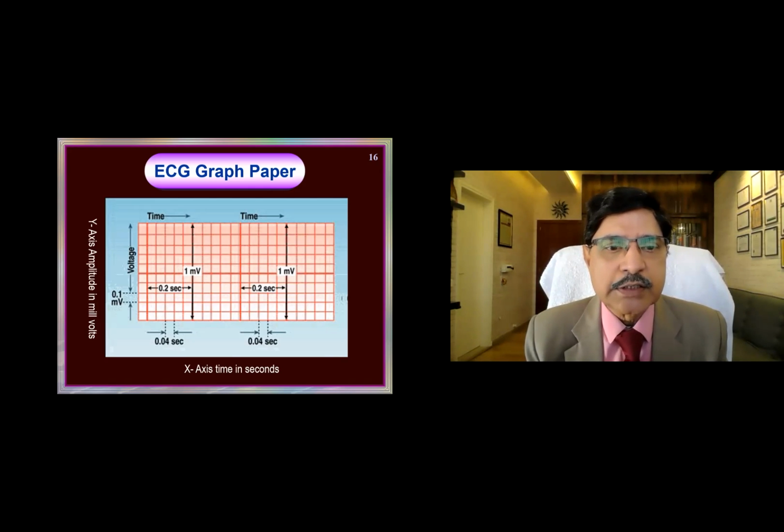So the x-axis bears the time and the y-axis bears the amplitude in millivolts, not in volts. The current that you are getting in your household is 220 volts. And what the heart is generating is 5 millivolts, 10 millivolts. And that little current is propelling us throughout life non-stop every minute.